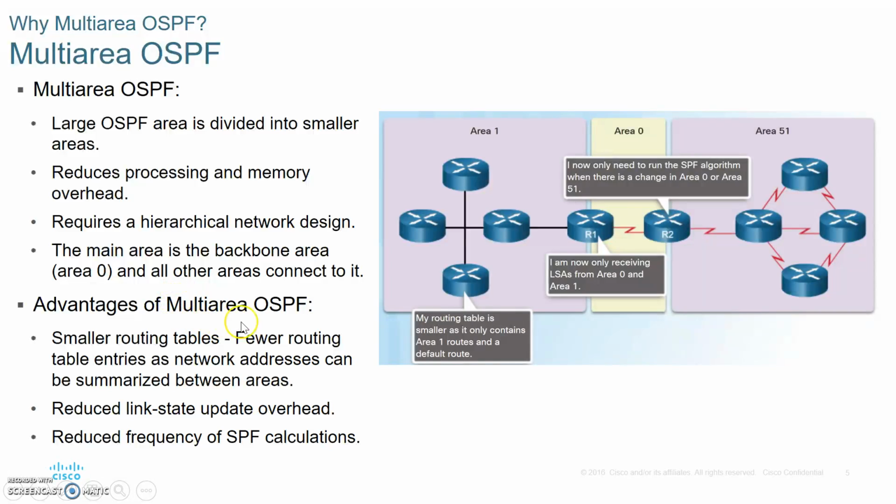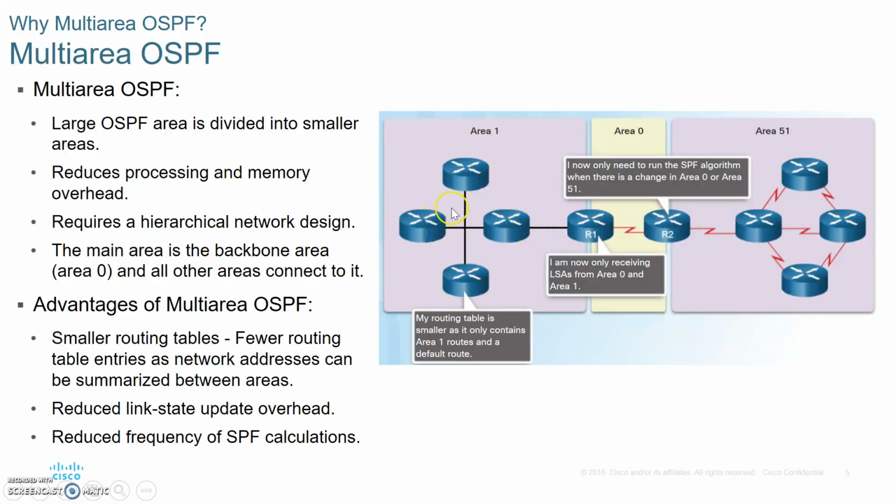The advantage of running Multi-Area OSPF is that it helps to solve the problems of single area OSPF. You have a smaller routing table because you can do route summarization in each router, and your link state updates will be reduced because they will only be contained inside one area. So your link state database will also be smaller.